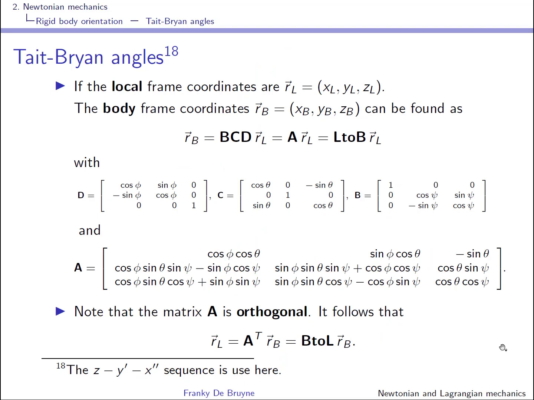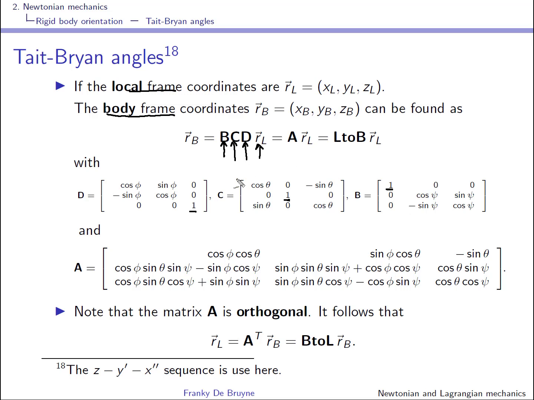Okay, remember that you go from the local frame to the body frame through 3 rotations, right? You start from the position vector in the local frame, and then you do a rotation around the z-axis, it's D. Then you do a rotation around the y-axis, see it here, and then finally a rotation around the new x-axis.